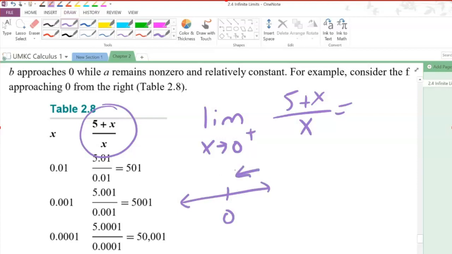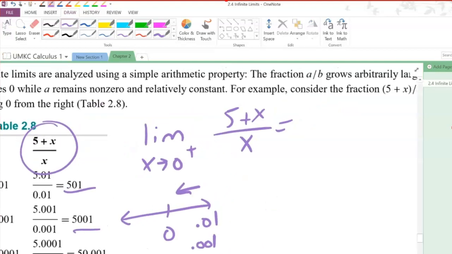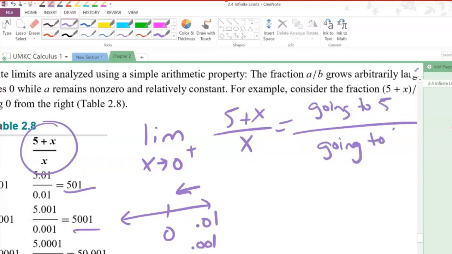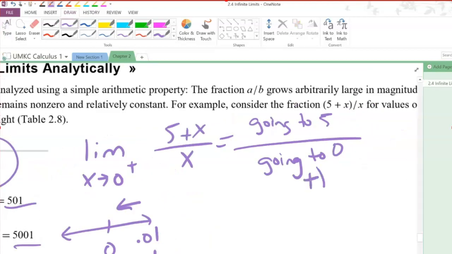So this is where they're doing that 0.01, 0.001, 0.0001, and they're plugging in their computer and getting a number. If we do it, basically the top's going to 5 and the bottom's going to 0, but it's always positive. So I have positive divided by something that's positive going to 0, that's positive infinity.